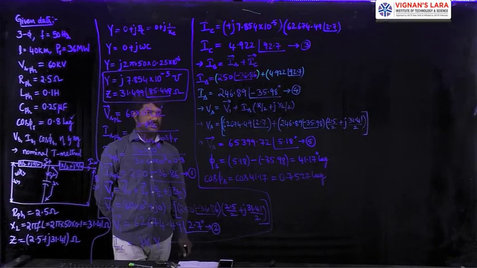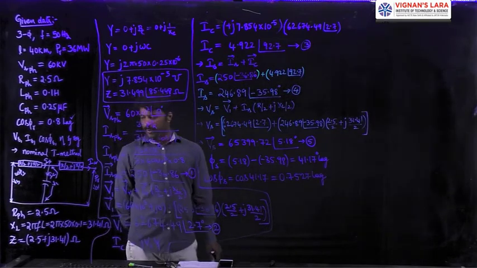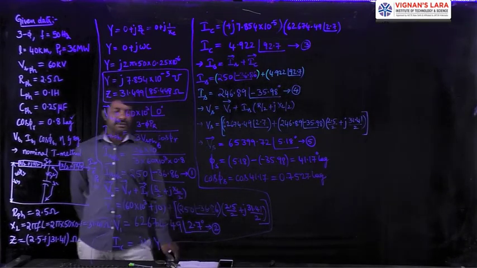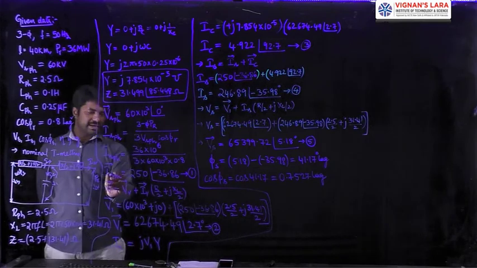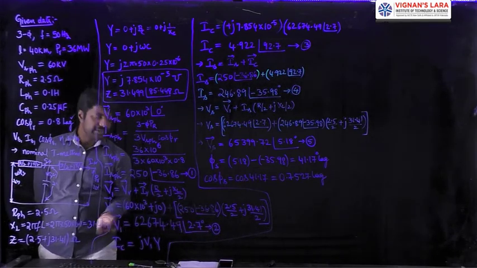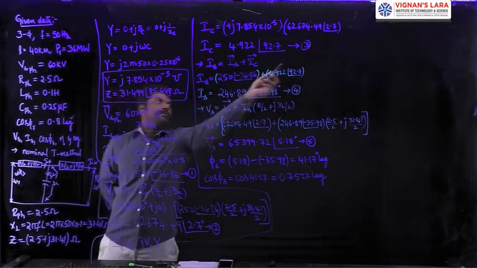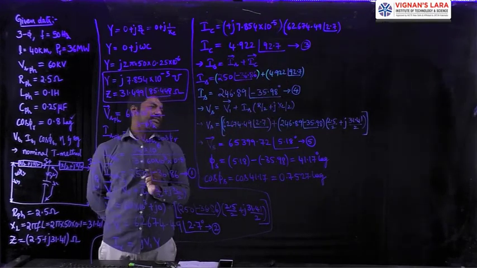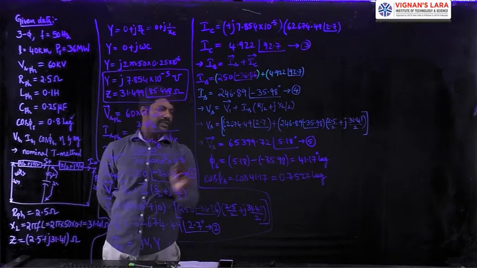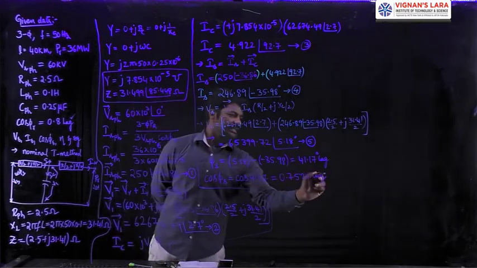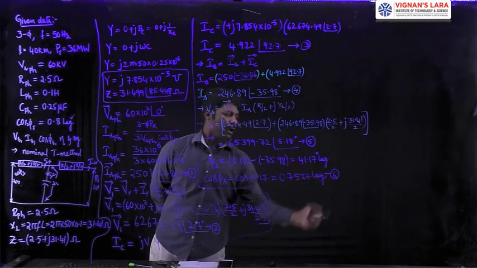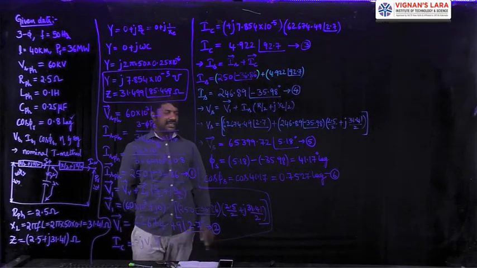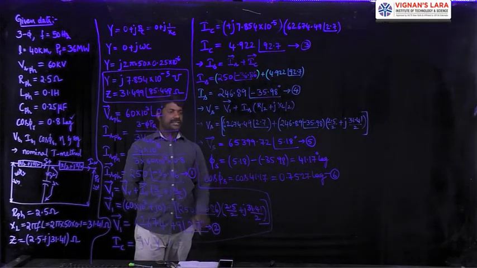So checking the entire solution: from equation 1 IR, from equation 2 V1, from equation 3 IC, equation 4 IS, equation 5 Vs, and equation 6 cos phi s. Sorry, 6 quantities are there with us.